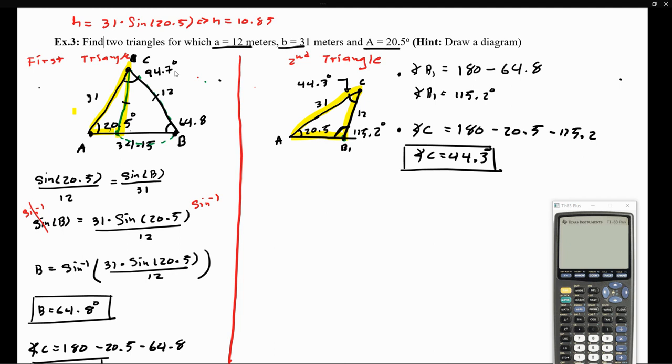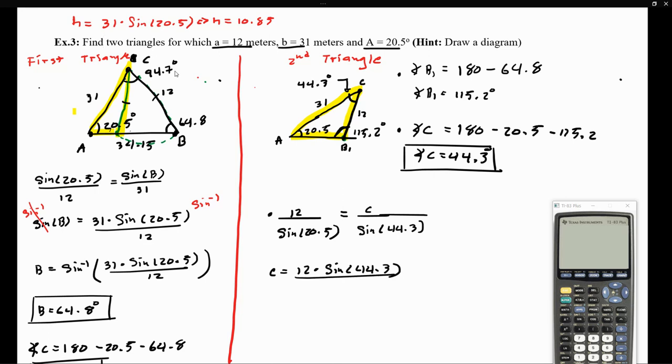So now I know that this angle right here has a measurement of 44.3 degrees. The only thing that we're missing to properly solve this triangle is just line segment C, which we can find using the regular law of sines. We can set it up as little a over the sine of A being equivalent to little c, which is what we're looking for, over the sine of angle C. So C can be defined as 12 times the sine of 44.3 all over 12.